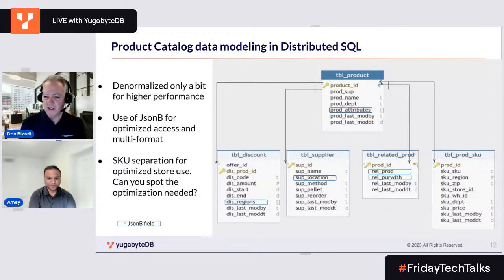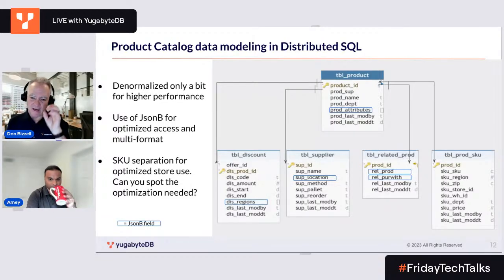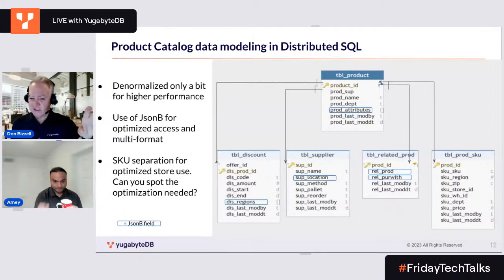Originally this product catalog was in a NoSQL database, and it was fully denormalized, which meant for every SKU, every product, there was a row, and a SKU is a store and product combination. So a can of green beans in Louisville, Texas is a very specific SKU.